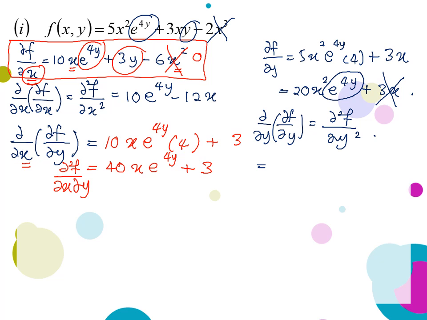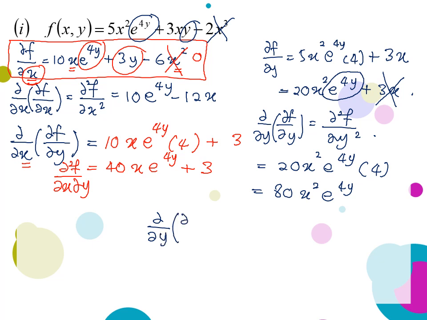For del squared f over del y squared, you will get 20x squared because this is constant. The exponent for y, differentiate for y, you get 4. So you will get 80x squared exponent 4y. Okay, now differentiate one more time del y, but now you are interested in variable x, so you will get del squared f over del y del x.